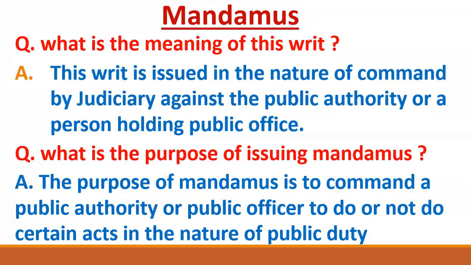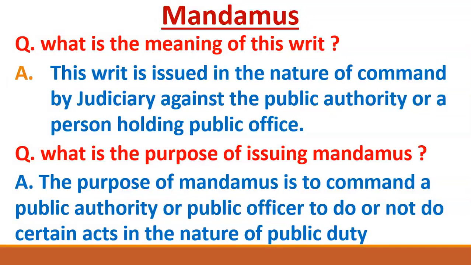Now what does it mean? So friends, suppose there is a government officer and that government officer is not doing his work properly. He is not doing his work, and due to that people are facing problems. So now the Supreme Court can issue the writ of Mandamus. Mandamus means the Supreme Court is giving an order, giving a command to that government officer.